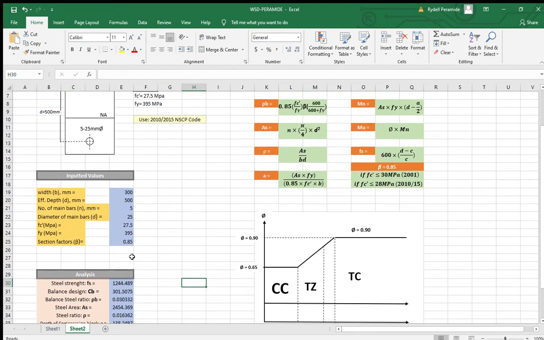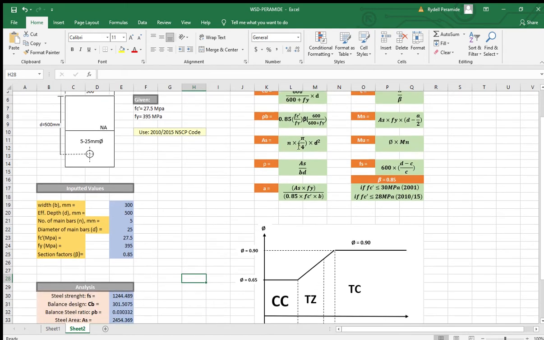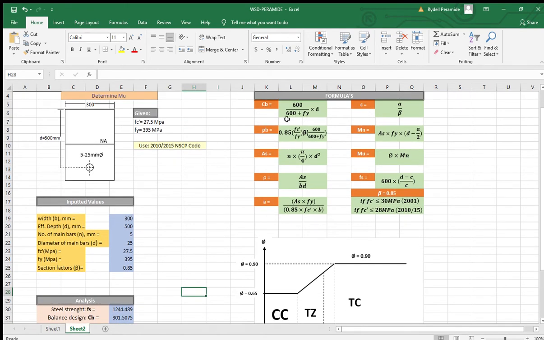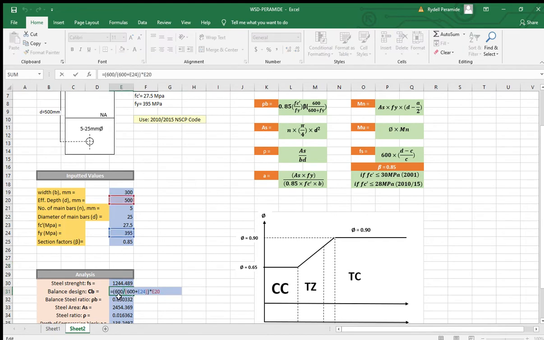First is to calculate the balanced design, or the cb. So here is the formula: 600 divided by 600 plus fy, times d. So in Excel, 600 divided by 600 plus the fy 395, times the effective depth.